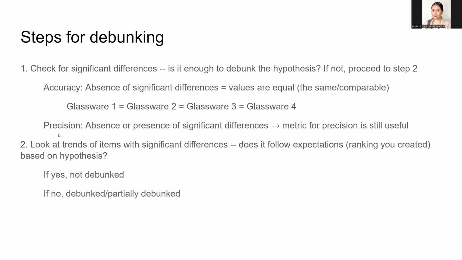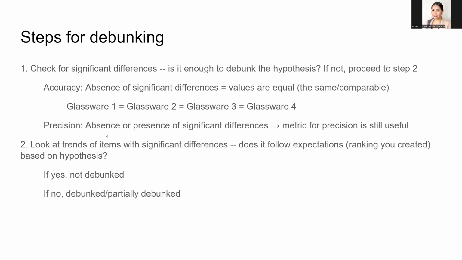Now, a note on precision. So, mag-gauge nyo yung precision by looking at the size of your measure of precision, kung gaano kalaki ang inyong standard error. And in this case, the bigger the standard error, the less precise the glassware is.